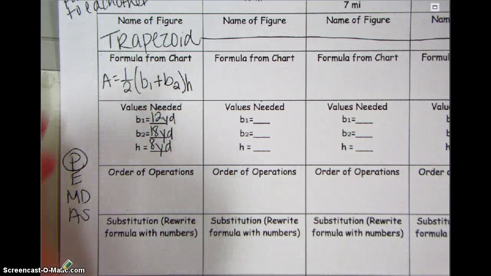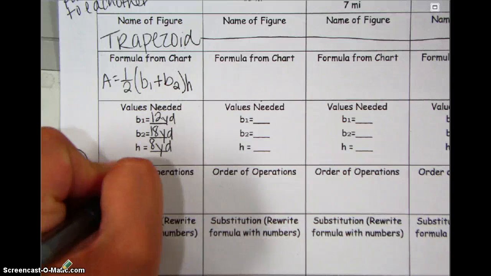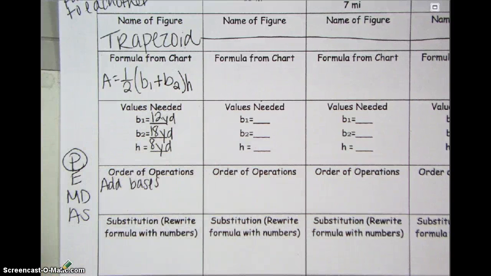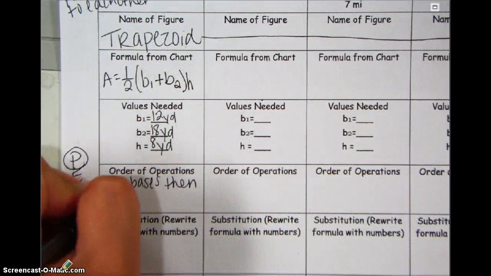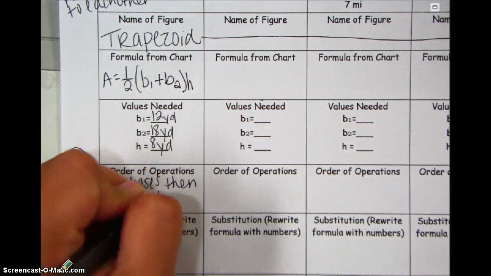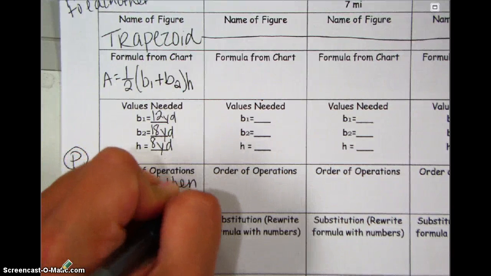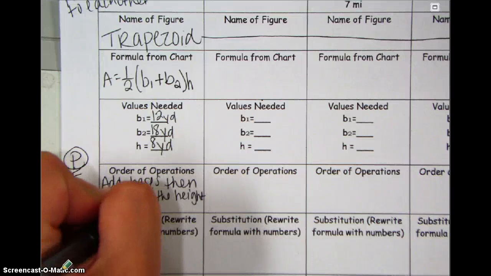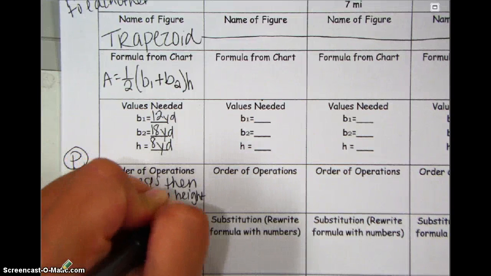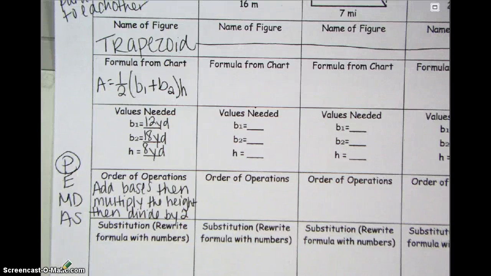So we are always going to add the bases first, then multiply by the height, then finally we divide by 2. Okay, so we'll add our bases together. Then we'll multiply that by the height, and then we'll divide that by 2, and that will give us the area of our trapezoid.